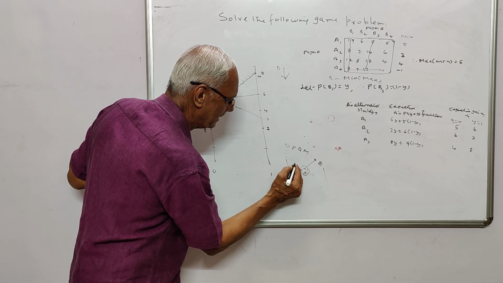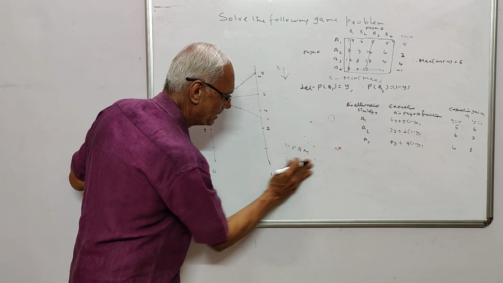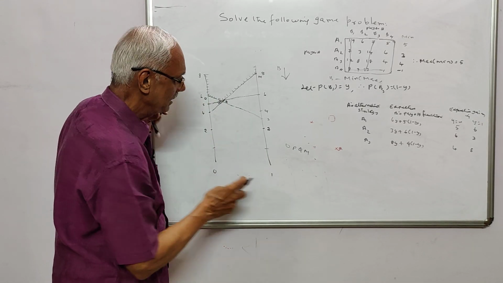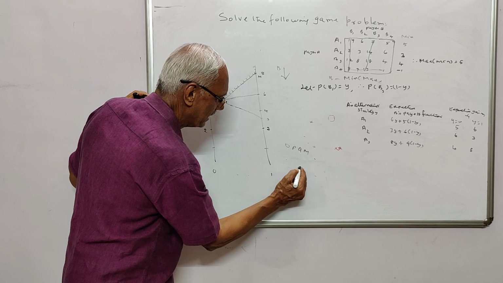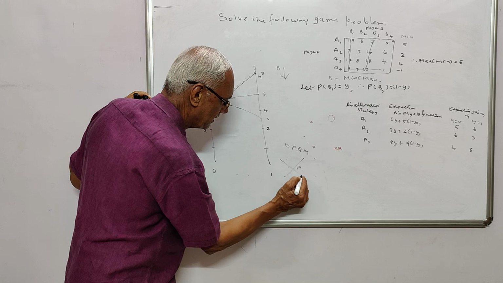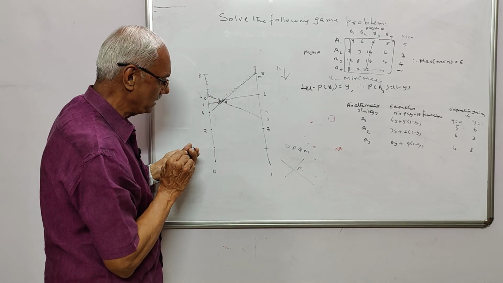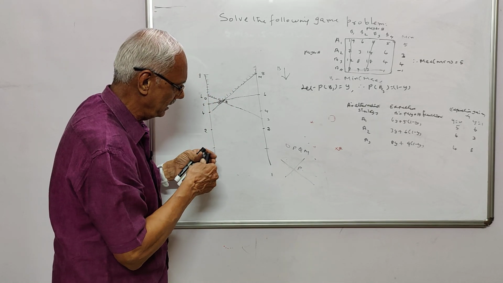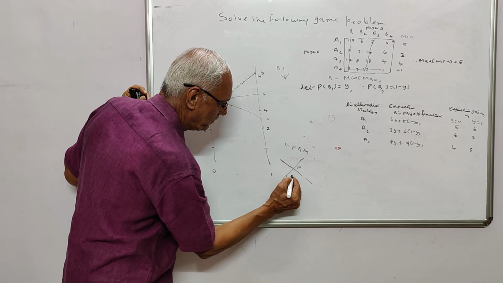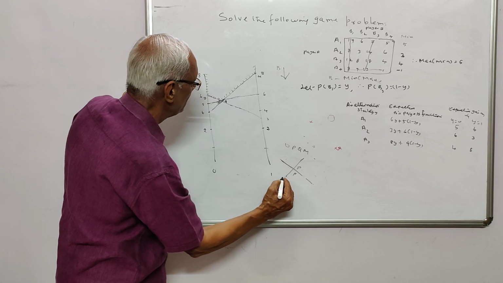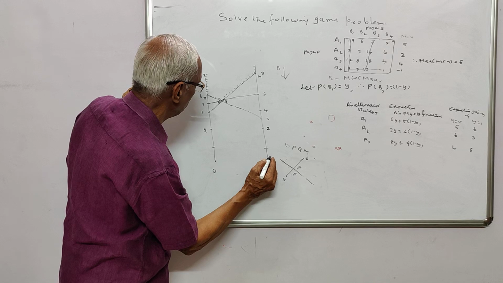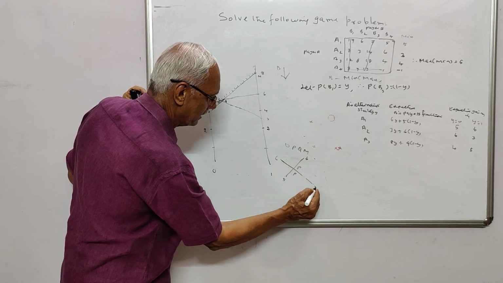It is the connection of the points of intersection of 6 and 3.